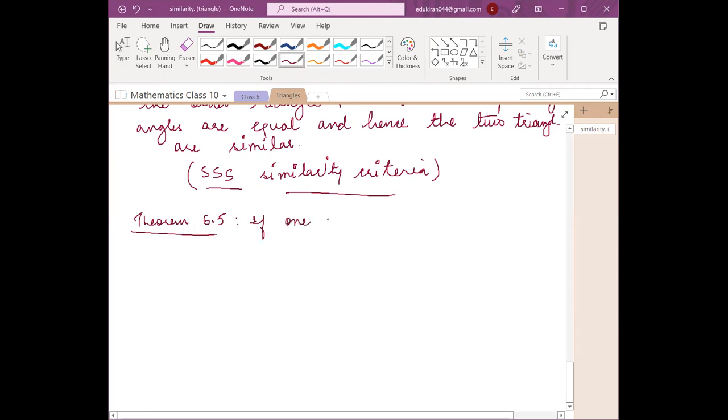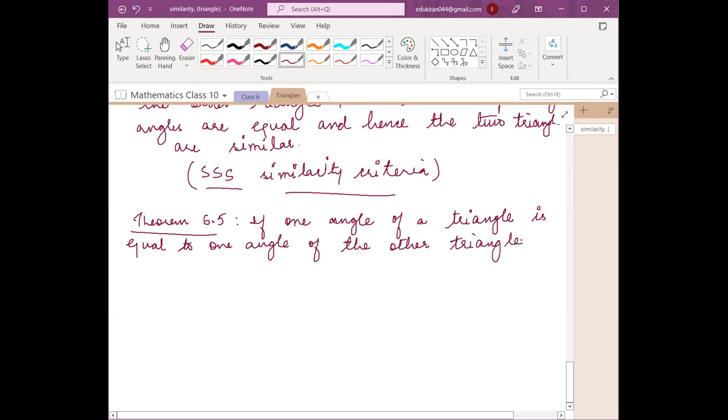If one angle of a triangle is equal to one angle of the other triangle, and the sides including these angles are proportional, then the two triangles are similar.